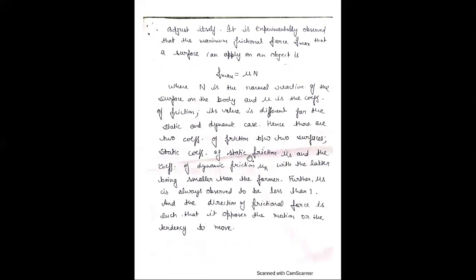There are basically two types of friction: static friction, in which the body is at rest and there is no motion of the body, and dynamic friction, where the body starts to move. For static friction, mu is known as the coefficient of static friction, and for the dynamic case, mu is known as the coefficient of dynamic friction.